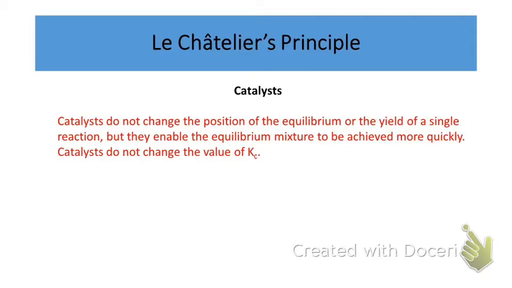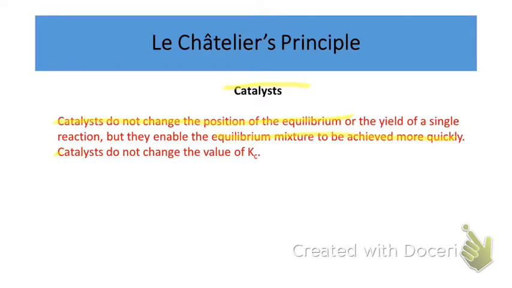Simply, if we add a catalyst to a system at equilibrium, the catalyst does not change the equilibrium position. It does not shift the equilibrium left or right. Okay. All it does is allow the equilibrium mixture to achieve equilibrium faster.